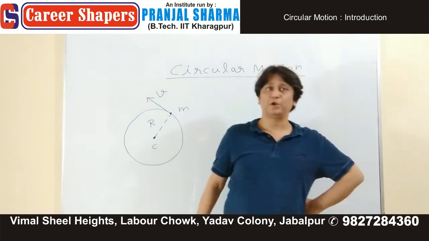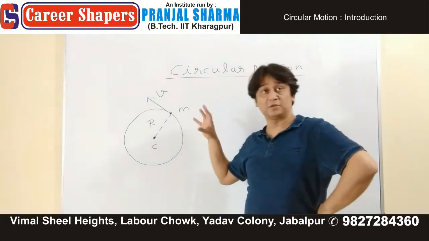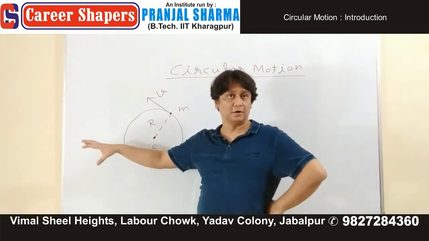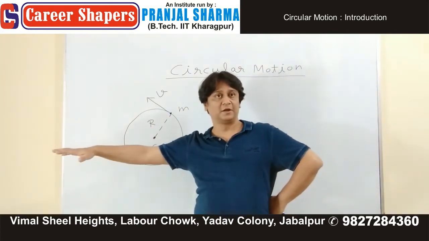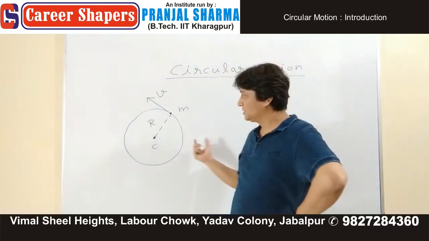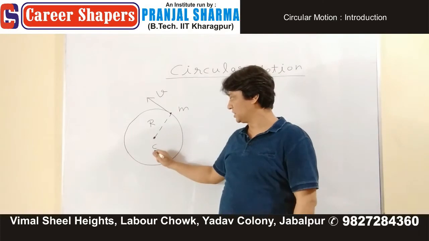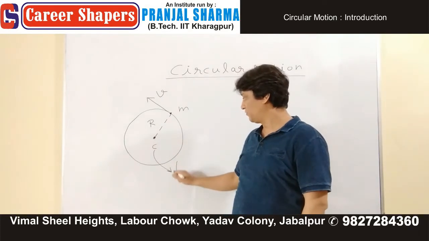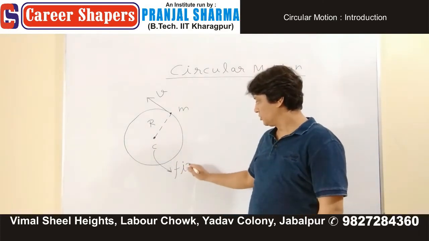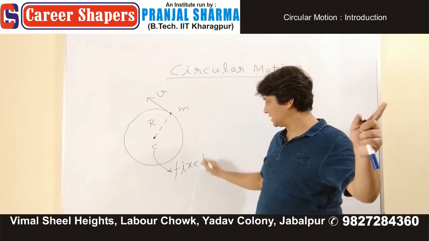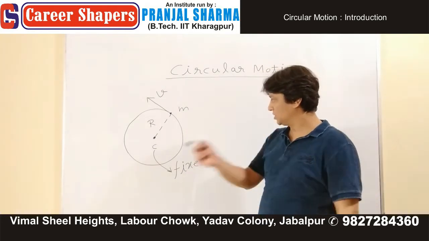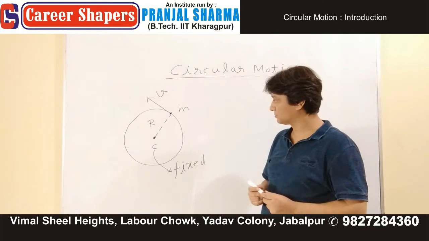And therefore you need to remember, when you say path is circular, such a simple thing needs some spatial attention. And therefore we have added that this C is a fixed point. So you can underline fixed in that statement which you have written. Just underline the fixed part.